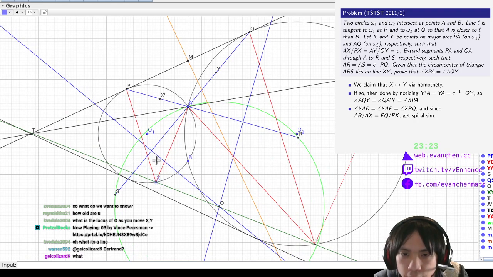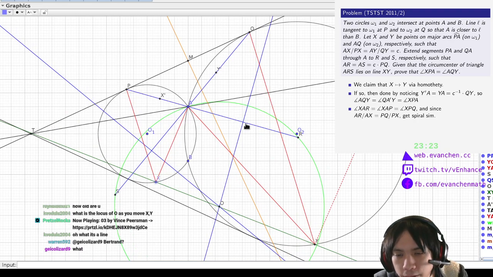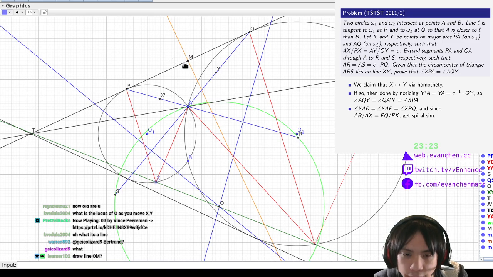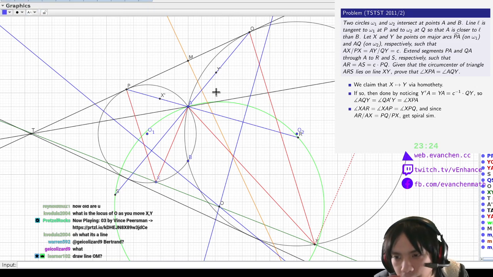So it's something like, okay, XA, this ratio is equal to whatever it is here, like XP over PM. And this is equal to XP over XA. Let me name these.